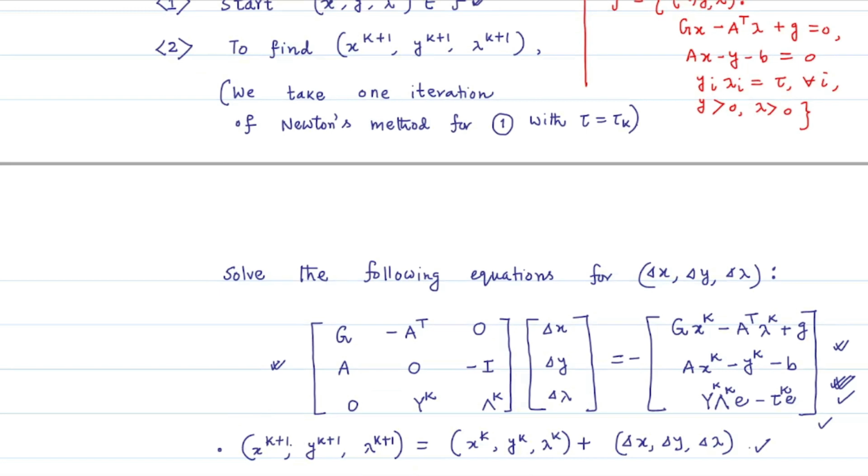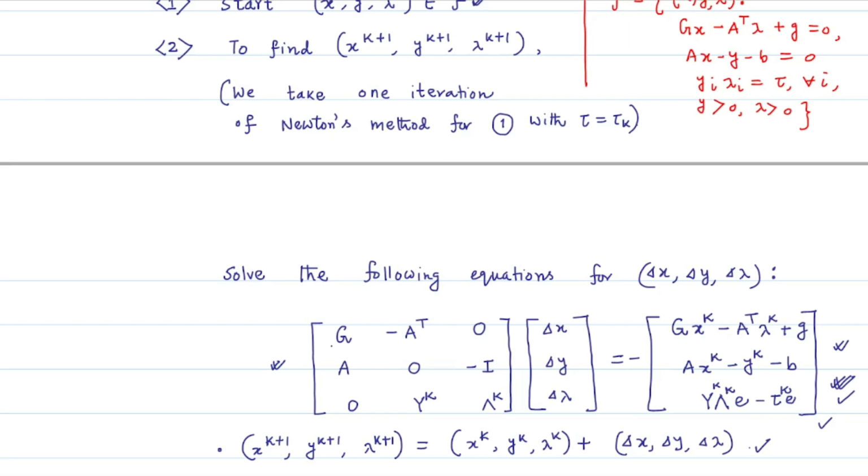Find the next iterative point x1, y1, lambda 1. Then revise the value of tau from tau naught to some value tau 1, which is smaller than tau naught. Then take one iteration of the Newton scheme for the approximate KKT conditions for tau is equal to tau 1. Find the next iterative point x2, y2, lambda 2, and in this manner you proceed further.